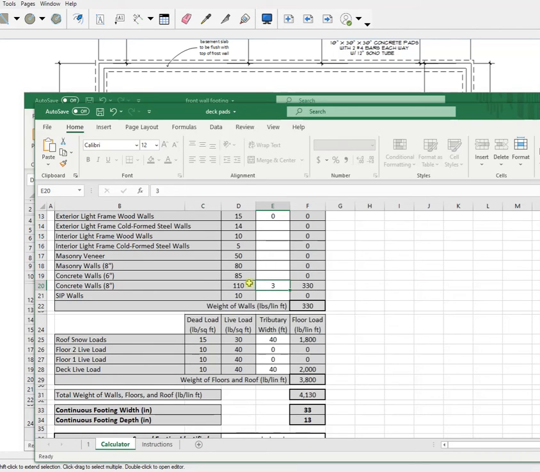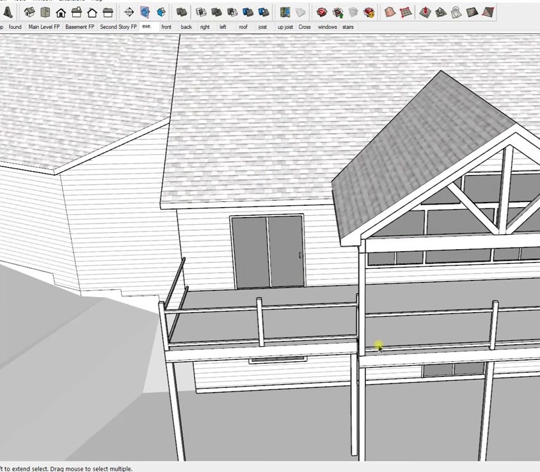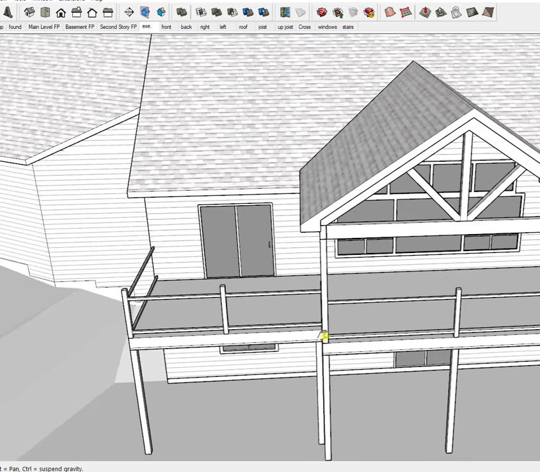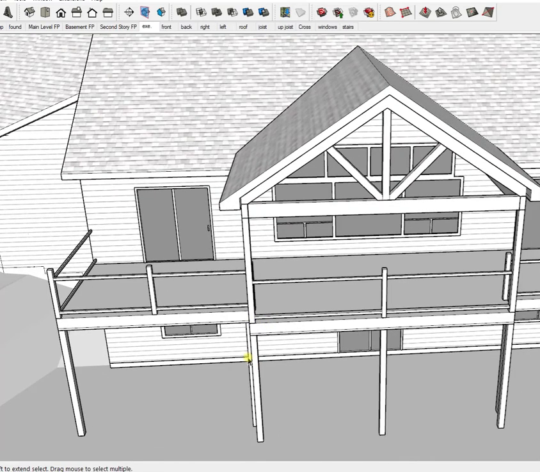Okay, I do plug in though, a footing typically. A deck pad has a footing down below, and then it has a pier coming up. Then the post sits on that pier. So I tag in like 3 feet for that. And then, to figure out the tributary for a post, I only do it on one post and just make sure it's the one that has the most weight on it, and then I just apply that to all of them.